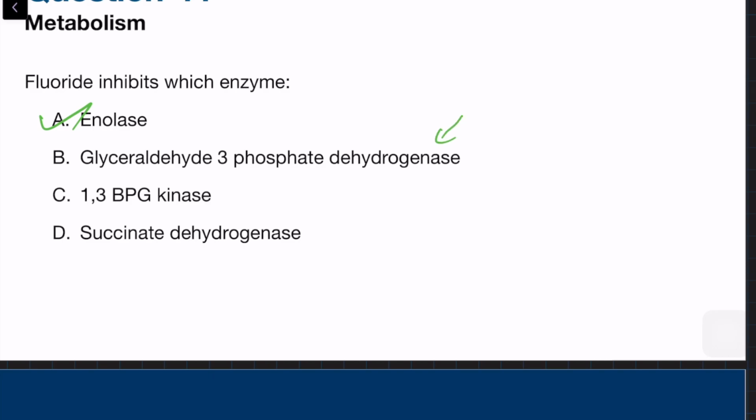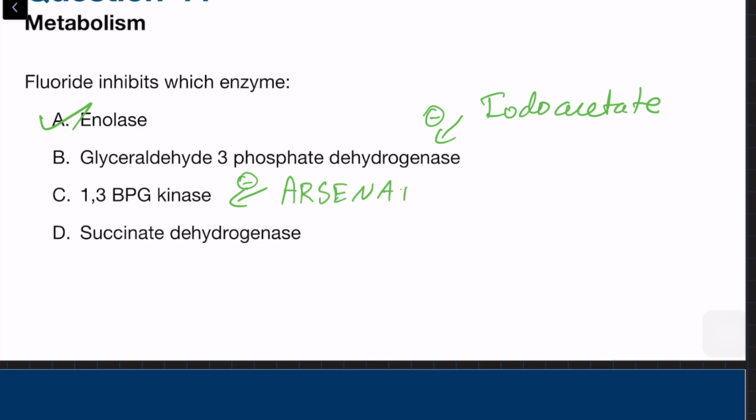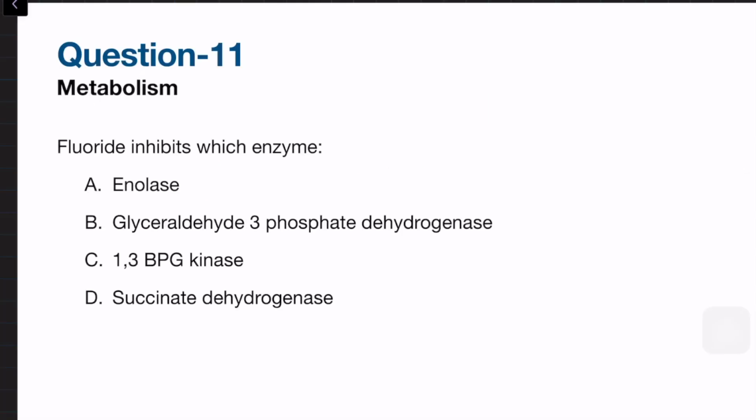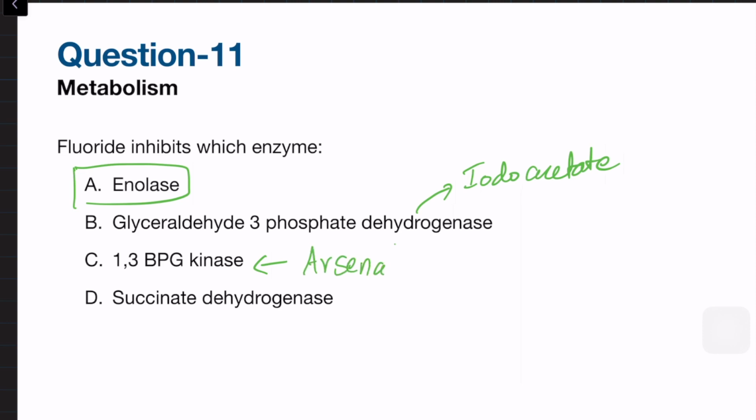G3P dehydrogenase is inhibited by iodoacetate. 1,3 BPG kinase is inhibited by arsenate.